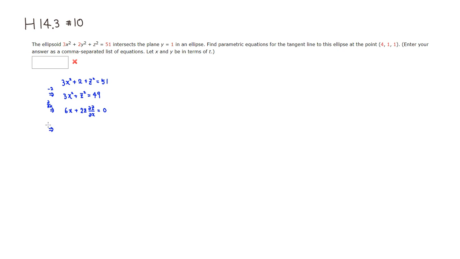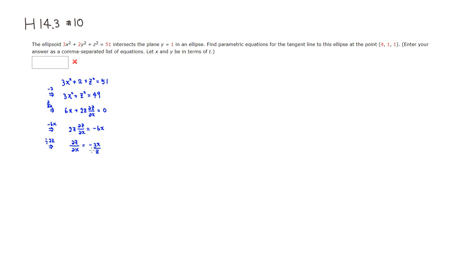Then let's solve for the partial of z with respect to x. First step, I'm going to subtract 6x from both sides. So we get 2z times the partial of z with respect to x is equal to negative 6x. Then we can divide through by 2z. So the partial of z with respect to x is equal to negative 6 divided by 2, which is 3, times x over z.